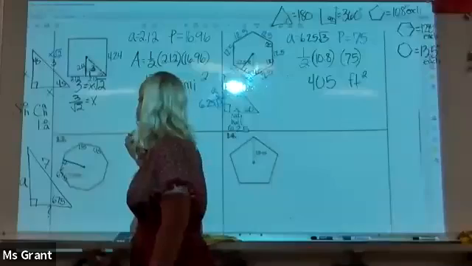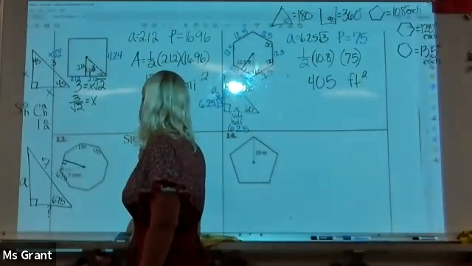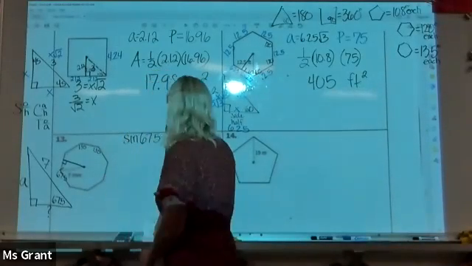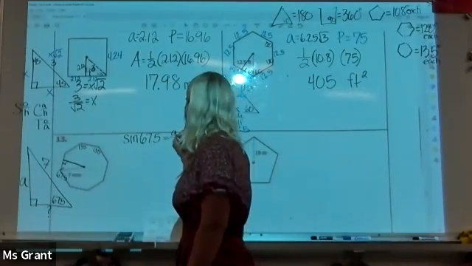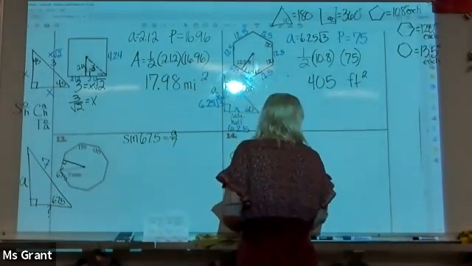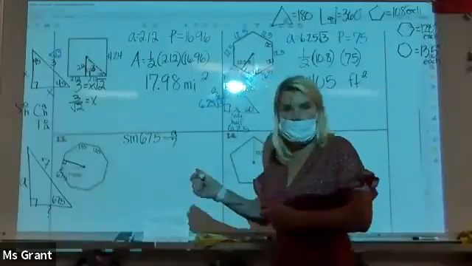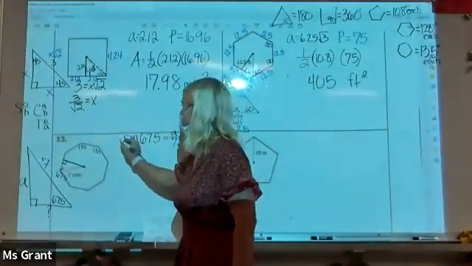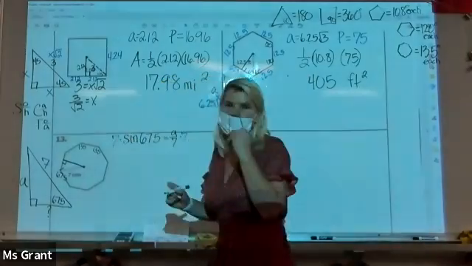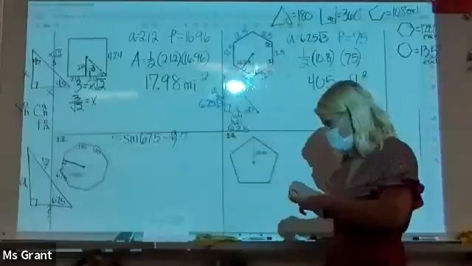Sine. Good. Sine 67.5 equals my apothem over 7. In order for you to find A, you'll have to clear the 7 from the denominator. So you're going to have to multiply both sides by 7.